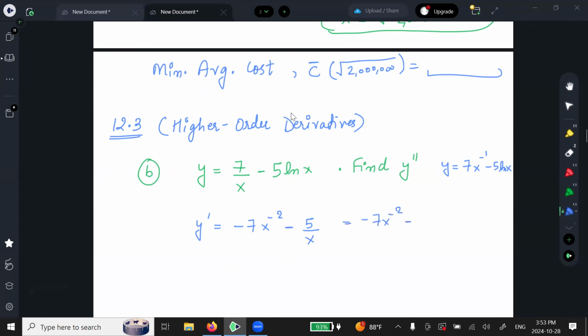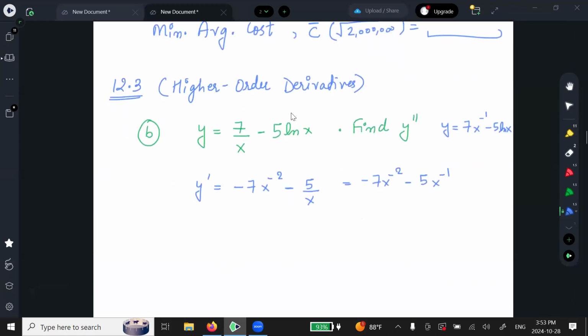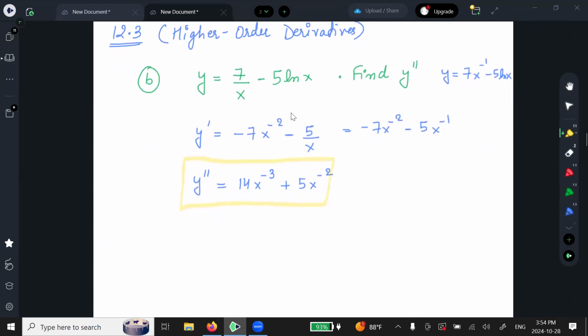What do you do next? Yeah, first make it a power and then differentiate it again. That's the second derivative. So take the power out, subtract 1, take the power out, subtract 1, and that's your second derivative. That's it. Now this will be useful if I give you the placement problem, like question number 5.